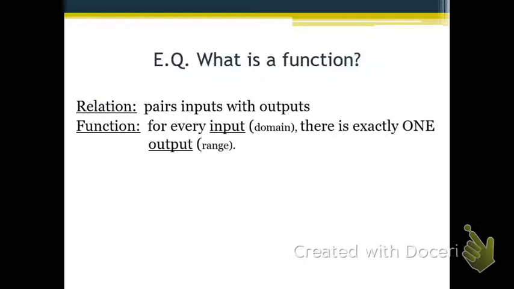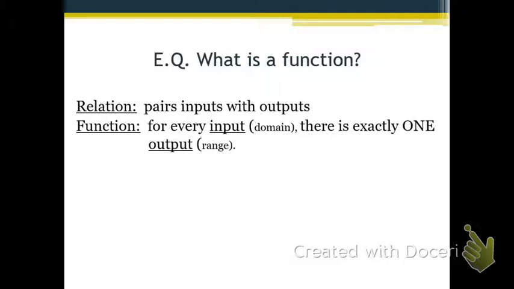Now, you'll also notice next to the word input, I have in parentheses the word domain. By the end of this lesson, there are going to be 4 words that represent input, and there are going to be 4 different words that represent outputs. And by the end, we will have all 4 of those words in the same spot so that you can see what is interchangeable with what.